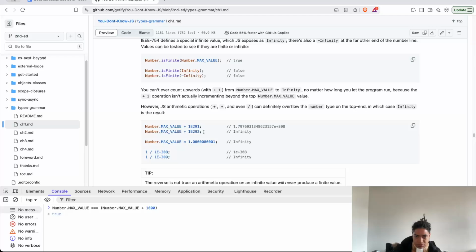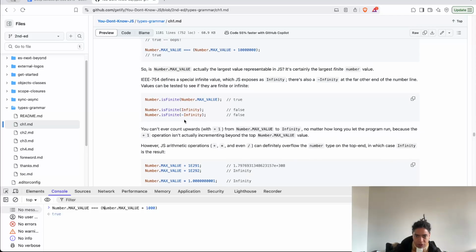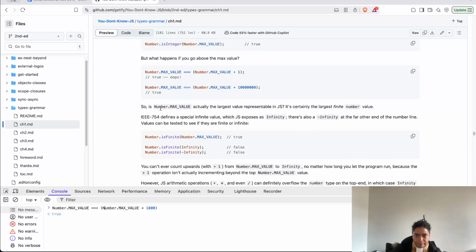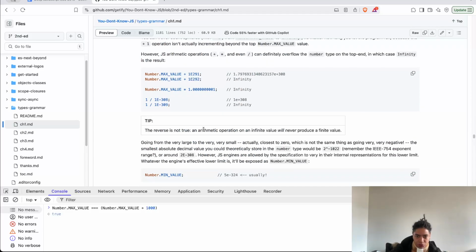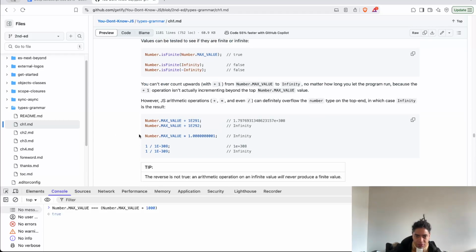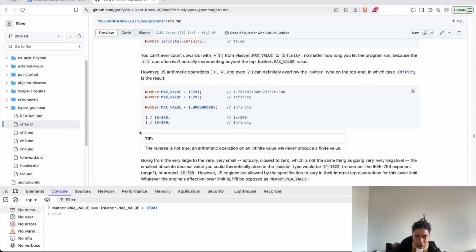Exactly. So you can, of course, do that. The reverse is not true. An arithmetic operation on an infinite value will not produce a finite value. Interesting. Exactly.